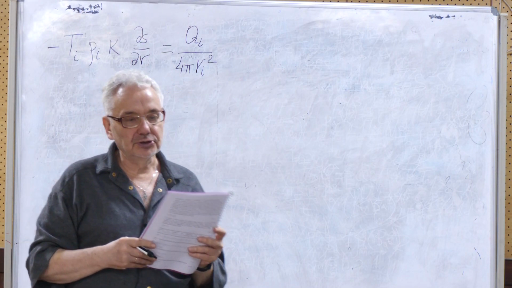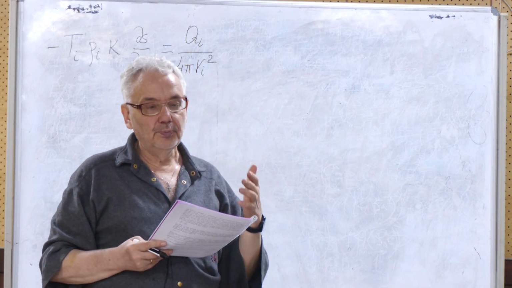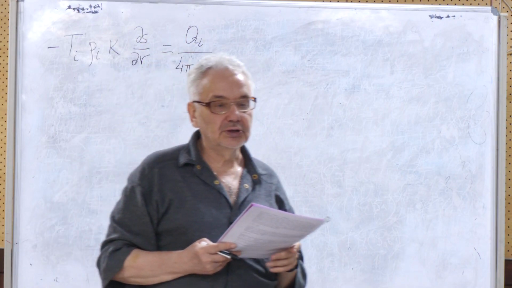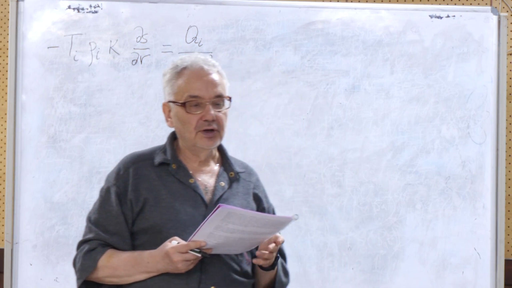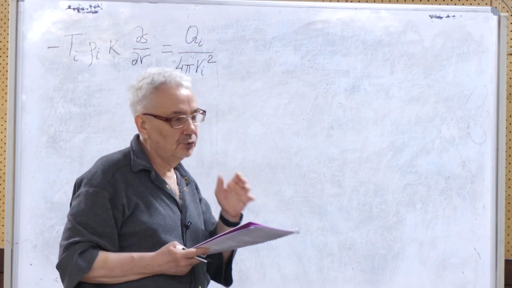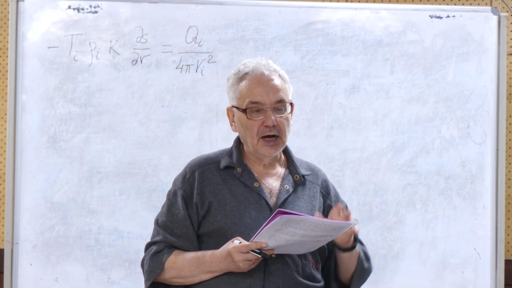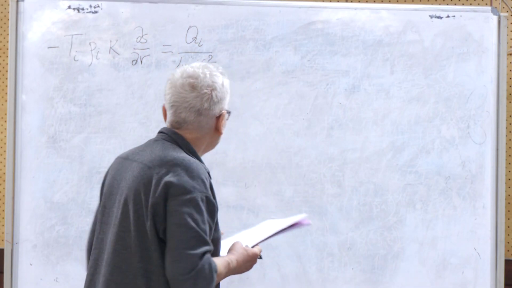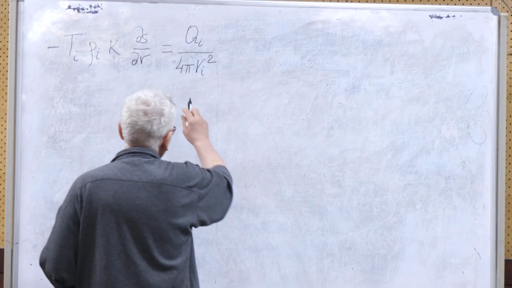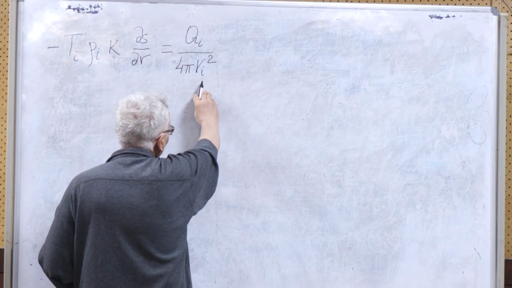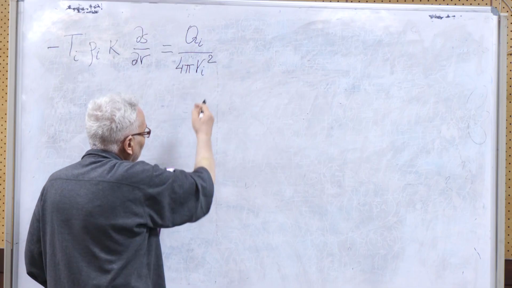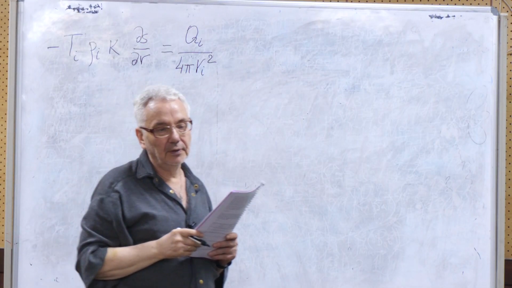So we consider, for example, watt per square meter. We consider the flow, not the flow itself, but in relation to the area, and of course the area of the boundary of the inner core is 4π Ri squared.